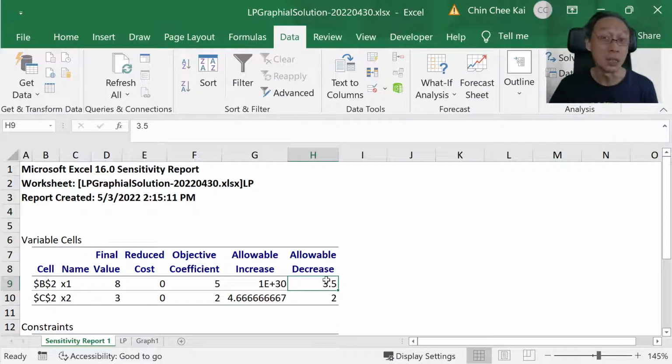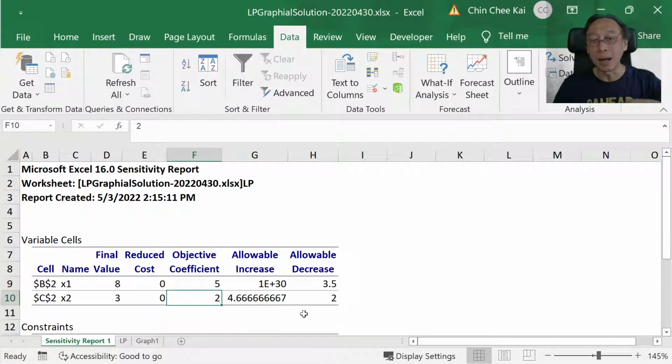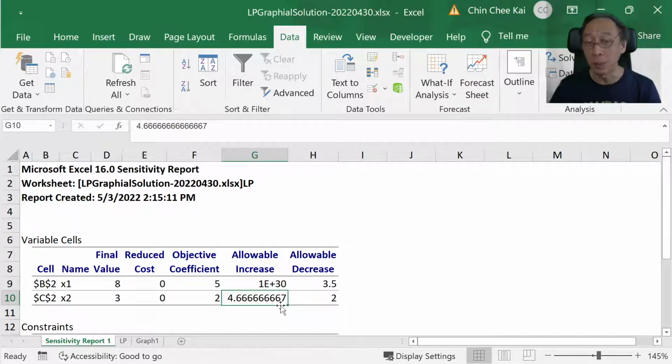Likewise, when we look at our C2 analysis, to what extent can we change the coefficient 2 so that 8, 3 remains as optimal solution? We found that the minimum was 0, maximum was 20/3. So we can reduce 2 by a maximum of 2 so that it is at least 0, and increase 2 by a maximum of 4.667, which is adding up to 6.6667, basically 20/3.